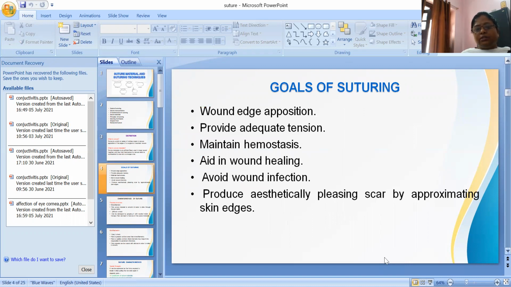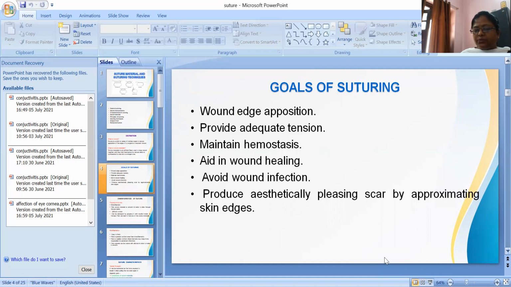Next heading is goals of suturing. The first goal is wound apposition. The second is to provide adequate tension. The third is to maintain hemostasis. The fourth is to aid in wound healing.